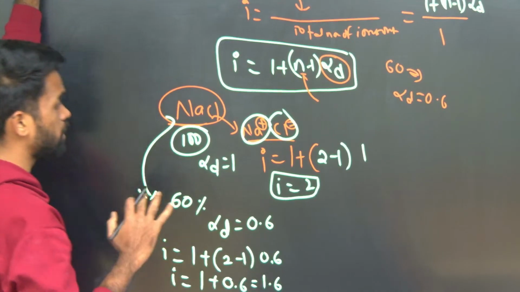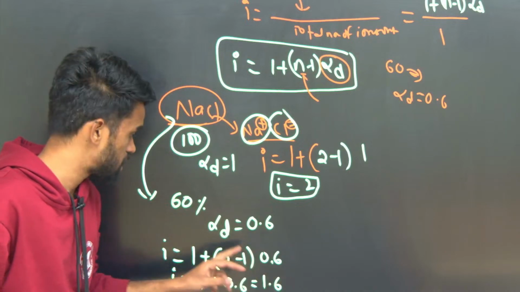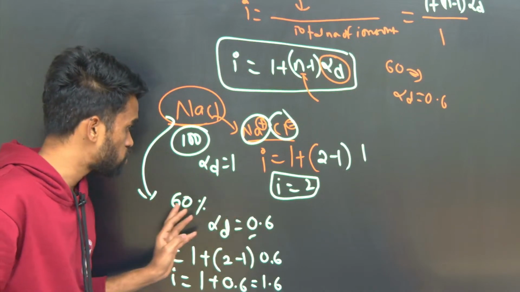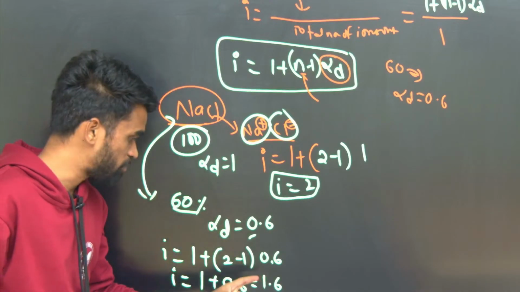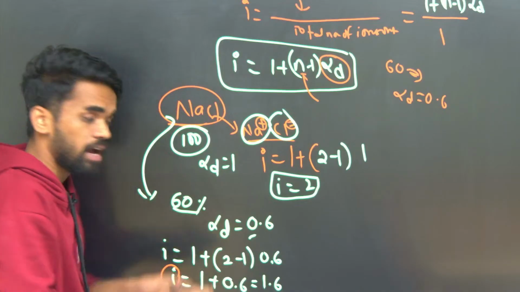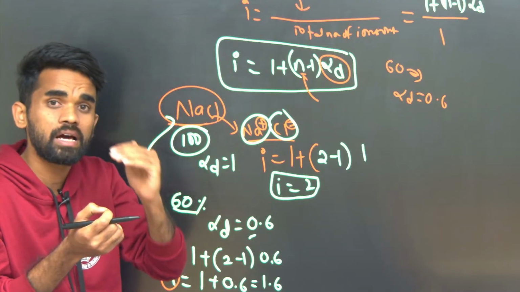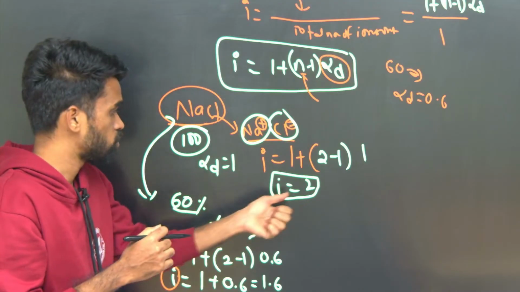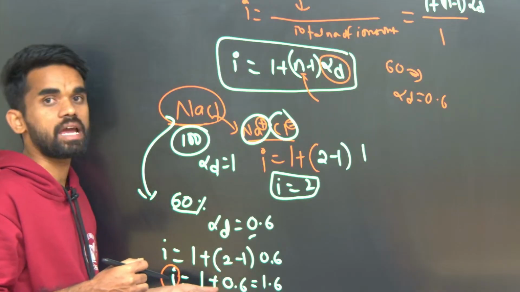So what you got here is, if the degree of dissociation is less, the number of particles formed will also be less. Therefore, the Van 't Hoff factor is less and the value of the colligative property is also less. So, here 2, here 1.6. So, colligative properties will be less in the second case.